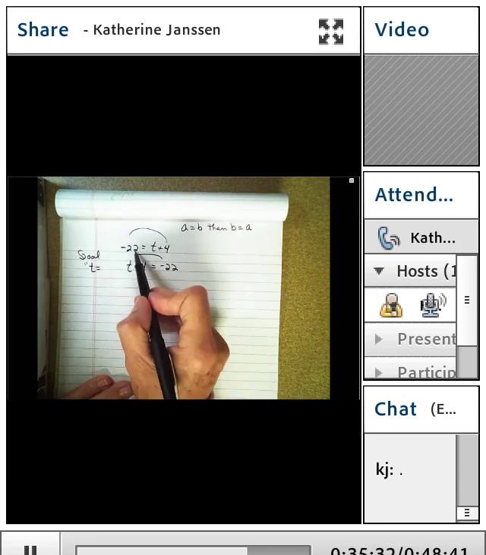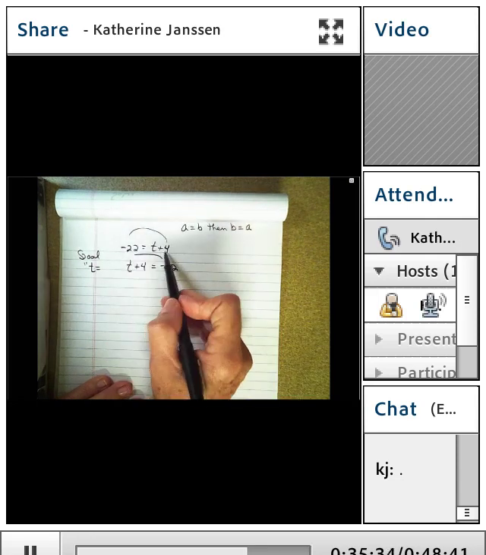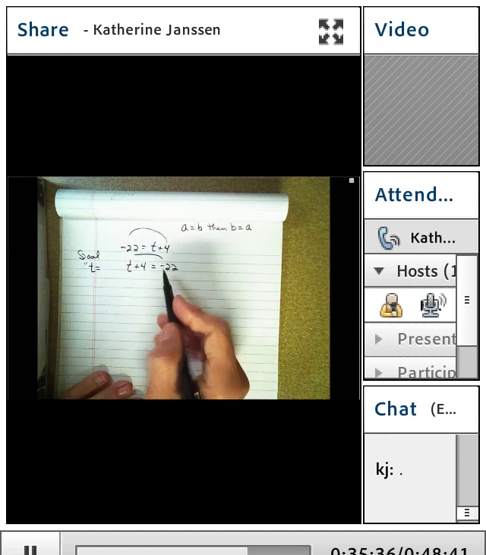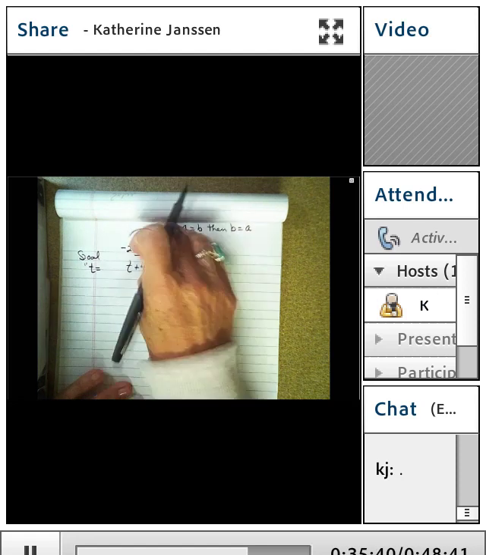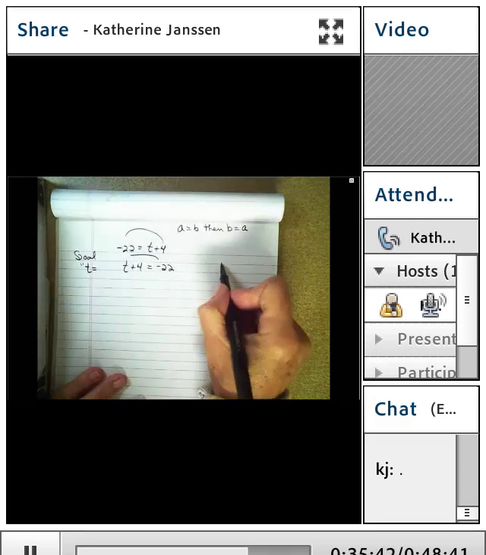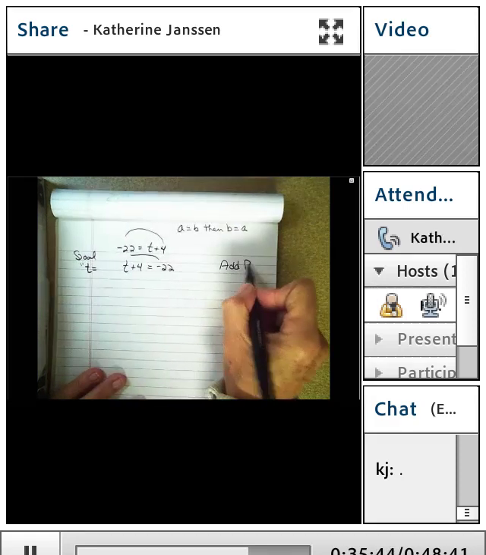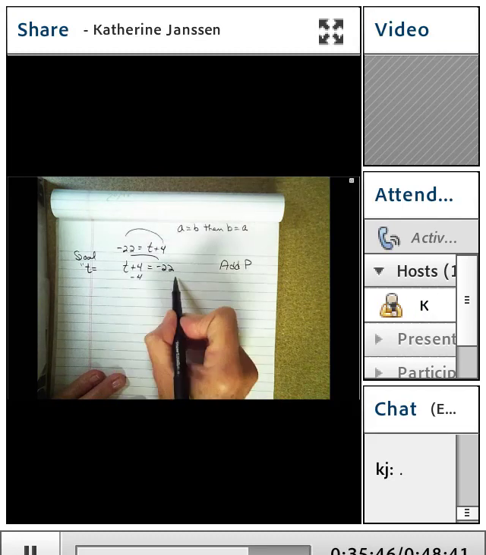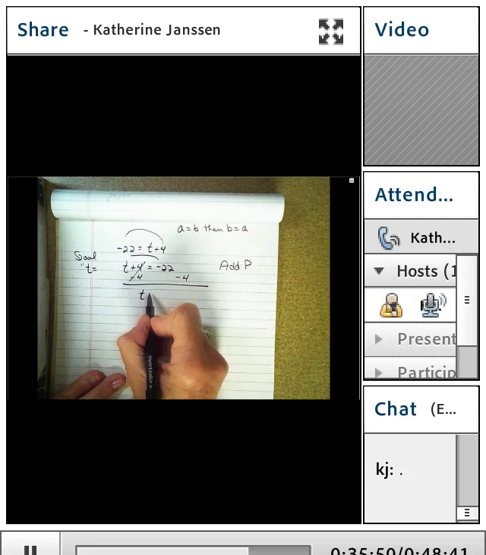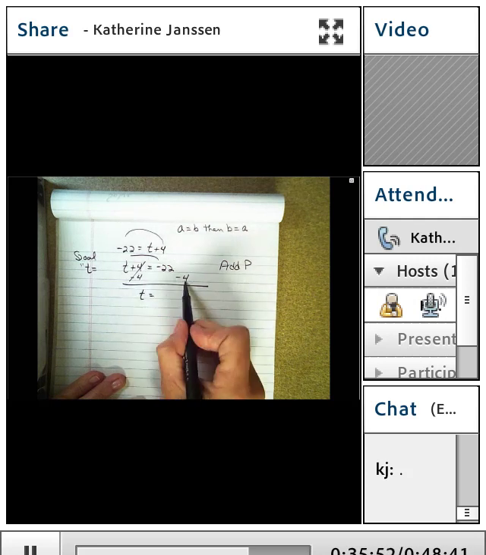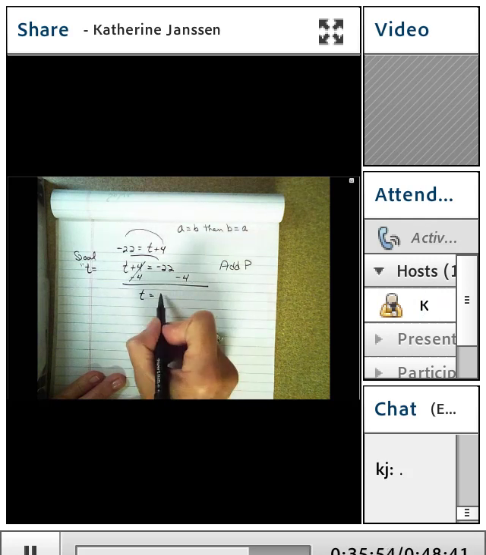Negative 22 equals T plus 4, then T plus 4 equals negative 22. Getting my variable on the left-hand side of the equal sign is comfortable for me. So now I'm going to use my addition principle. I'm going to add the opposite to both sides. Isolating T equals a negative 22 plus a negative 4 would be a negative 26.